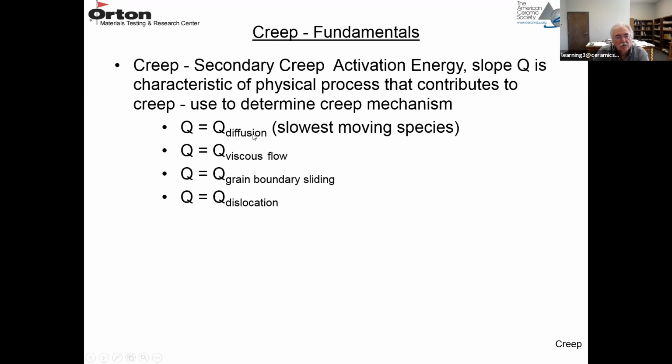Q can be for diffusional creep, and that's usually, if there are multiple ions that are diffusing, the slowest moving species is the one that's controlling the creep rate. It can be an activation energy for a viscous flow process, or an activation energy for grain boundary sliding, or an activation energy for dislocation motion.